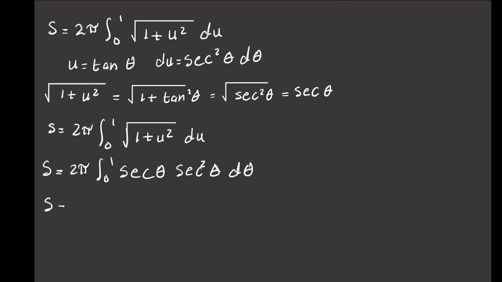So now here we would have the surface area of 2 pi from 0 to 1 secant cubed of theta d theta.